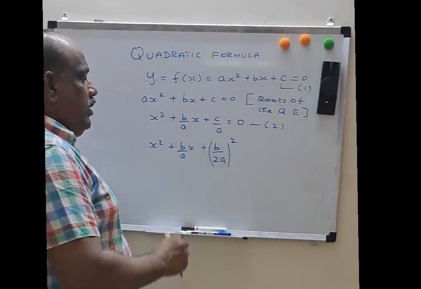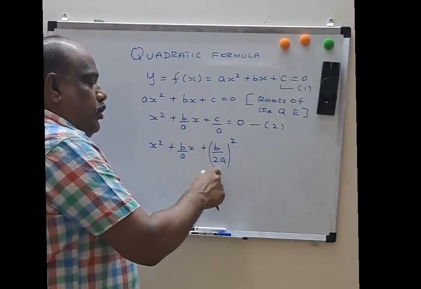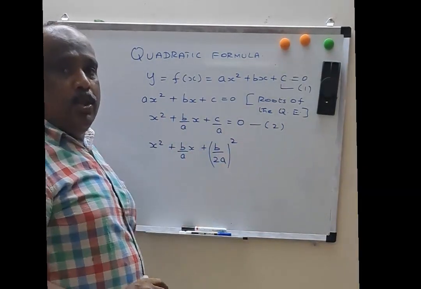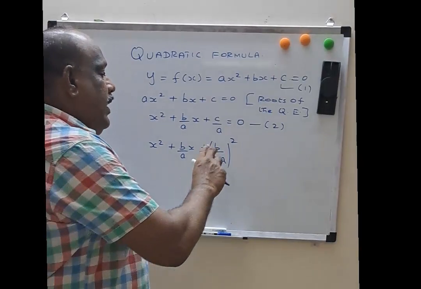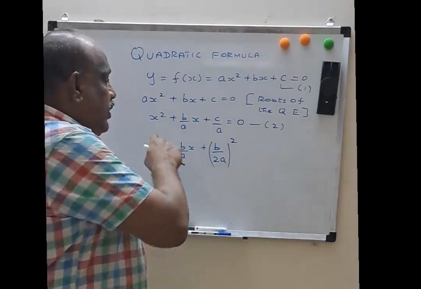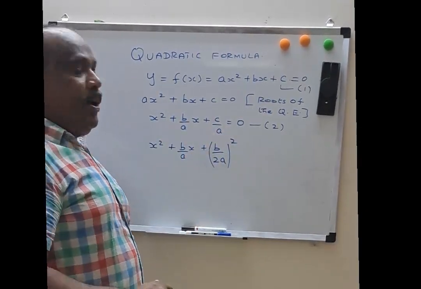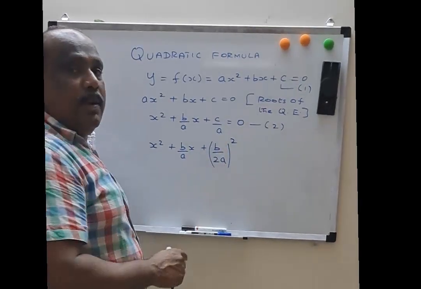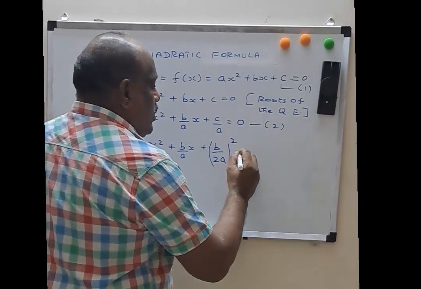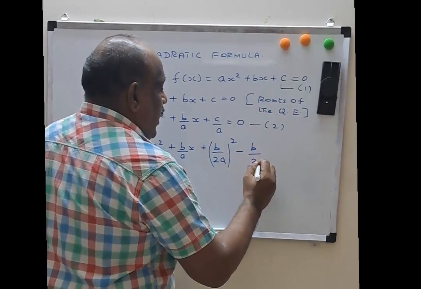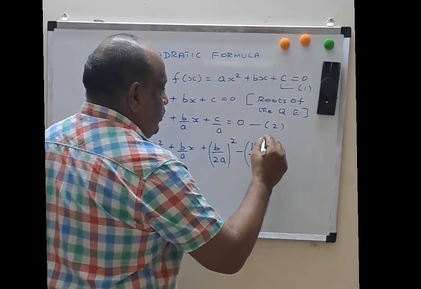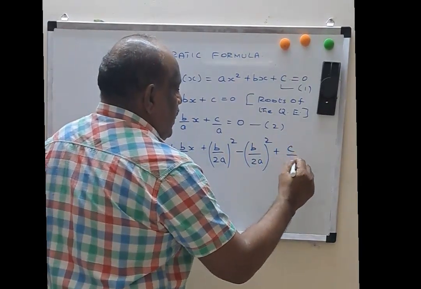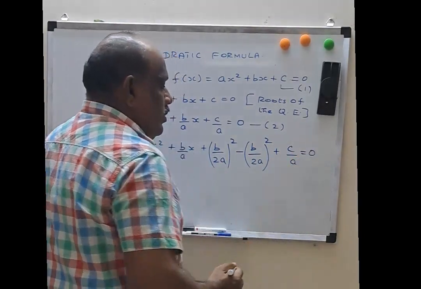So what did I do now? I divided this coefficient by 2 and I squared it also. So you may ask how the inclusion of this term may affect this equation. Yes, surely. So whatever value you added, you subtract the same value. So I am going to subtract b by 2a the whole square, plus c by a is equal to 0.